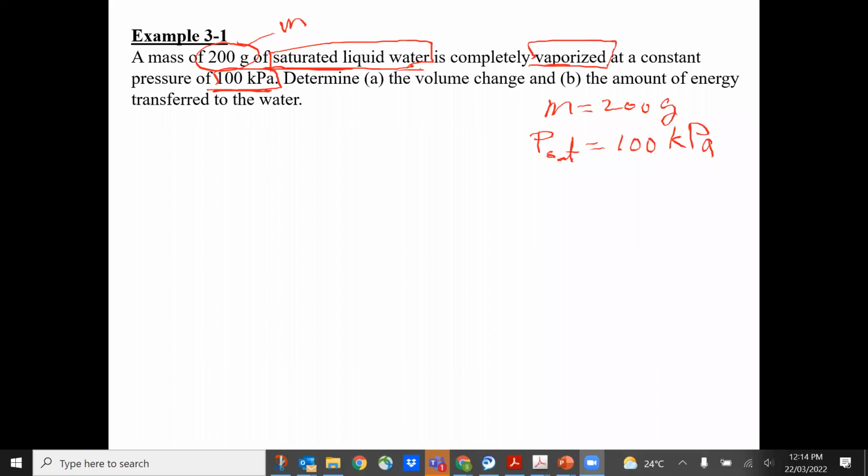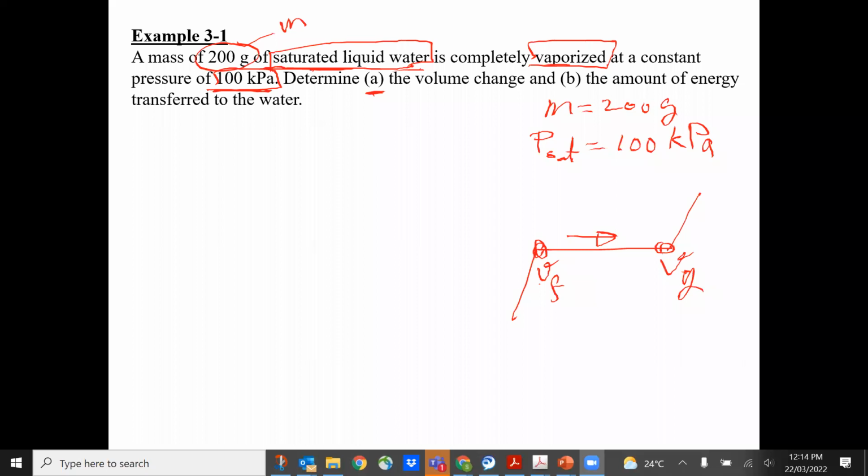For example, the first one here, the volume change during the vaporization. This means we have liquid and we change it completely to vapor, so we go from VF to VG by providing heat.